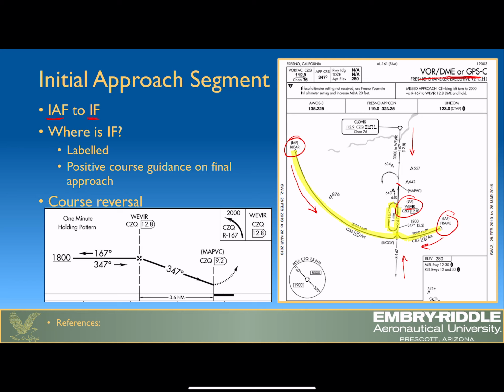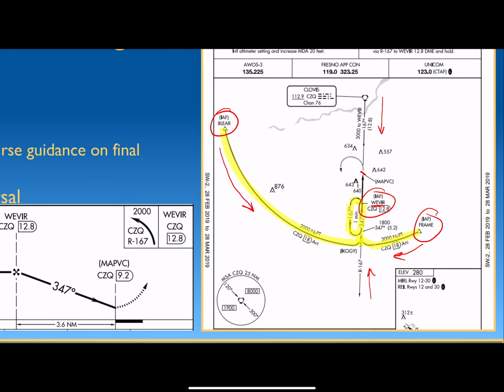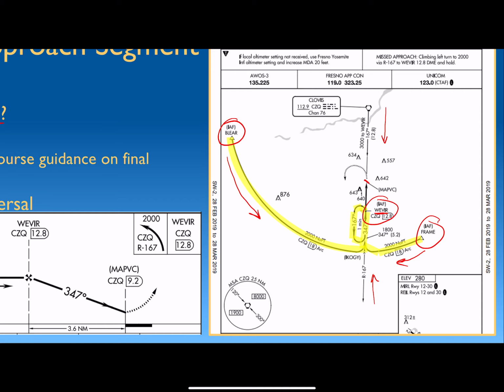Your initial approach fix is taking you to the intermediate fix, which is your in-between. As we look at this top-down view of this approach, you might be wondering, where is the intermediate fix? It's not published, it's not listed.